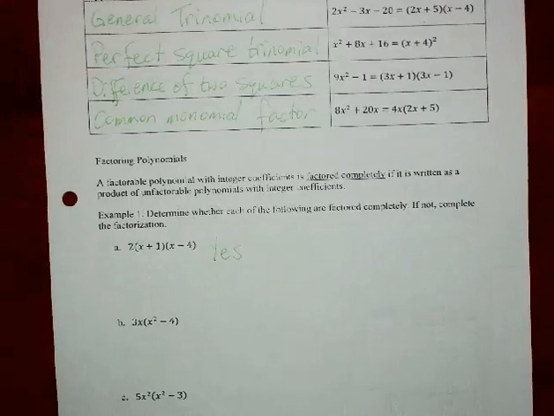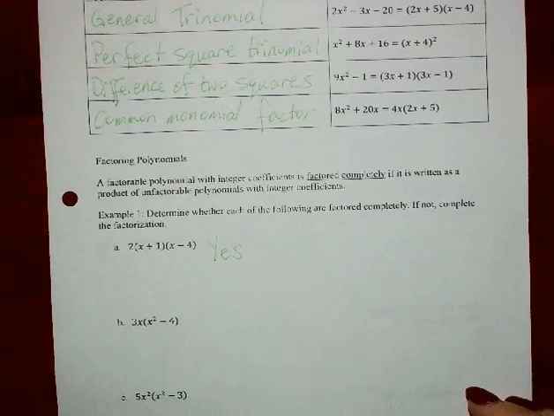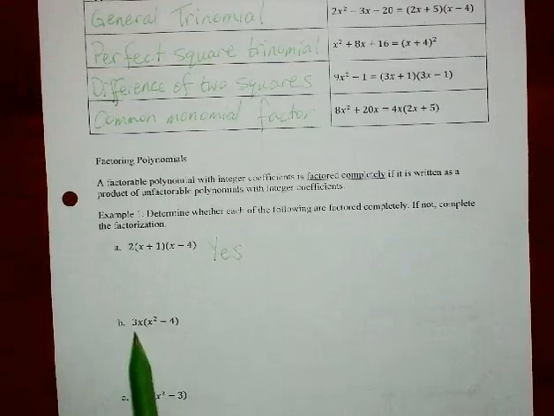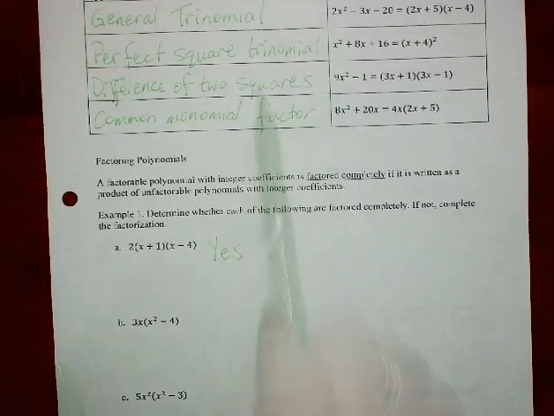For the next one, we look at this and see we don't have any fractions, so we're good there. Then 3x cannot be factored anymore, but x squared minus 4 is a difference of two squares, so we can.